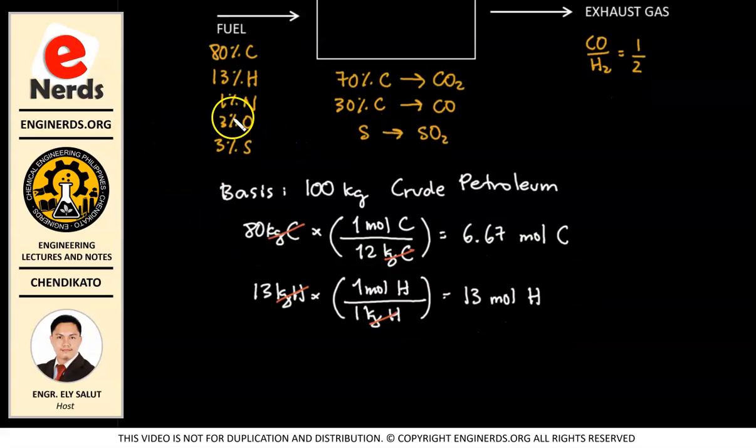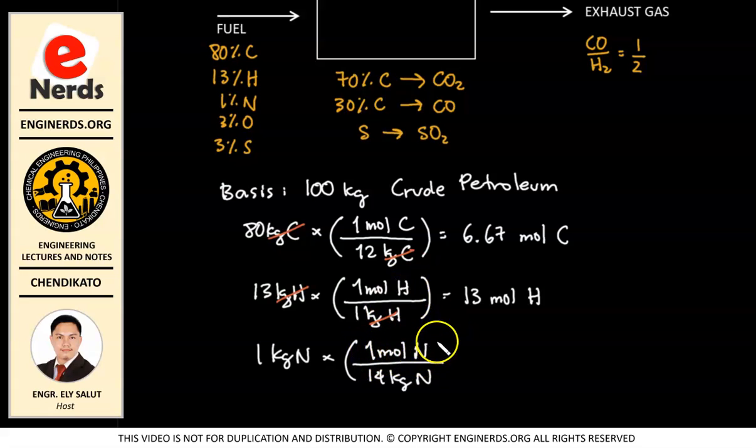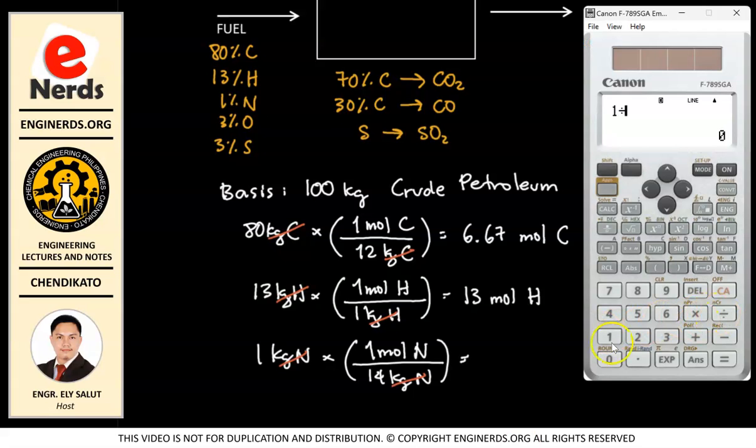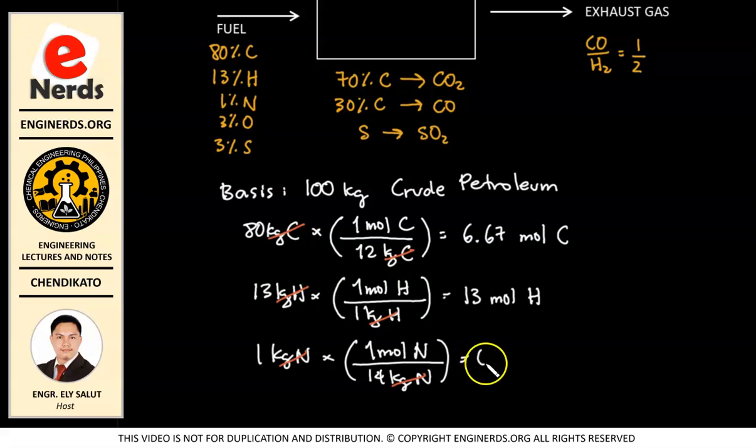We have 1 kilogram of nitrogen divided by its atomic weight, 14 kilograms of nitrogen for every 1 mole of nitrogen. The units cancel out, and so we have 1 divided by 14, which is 0.0714.